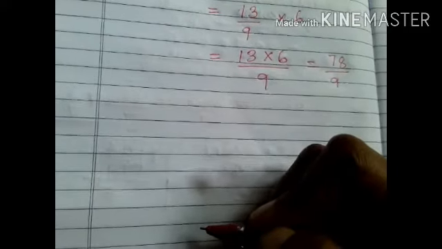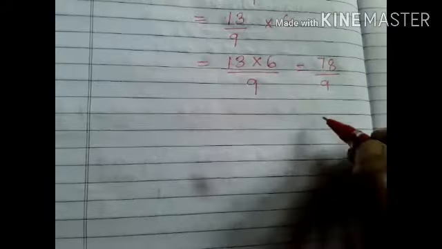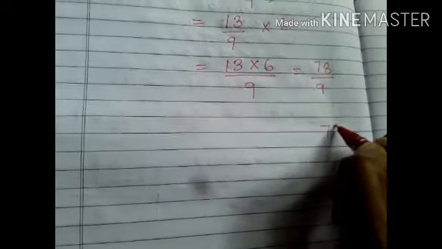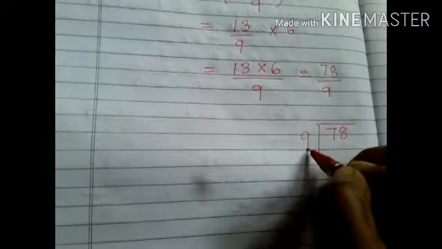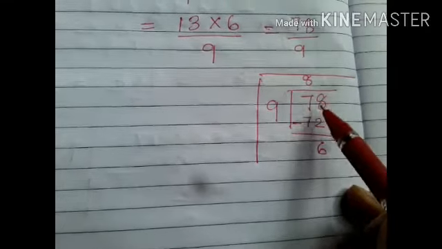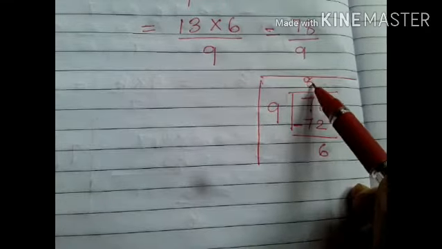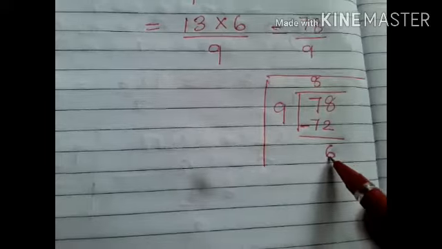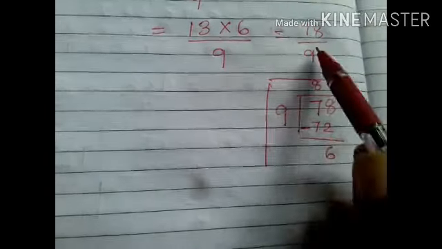How to write it? 78 divided by 9. We get quotient 8, remainder 6 and divisor 9.